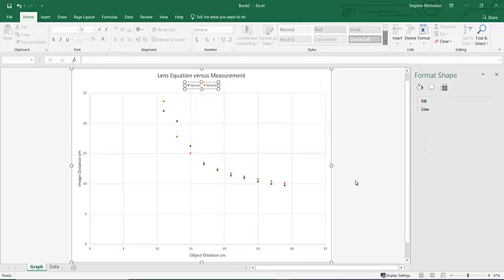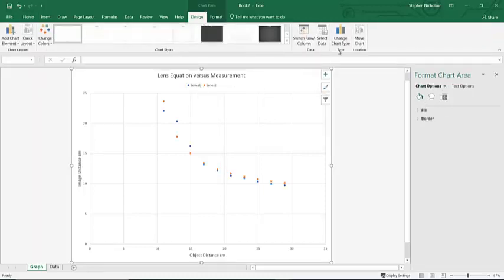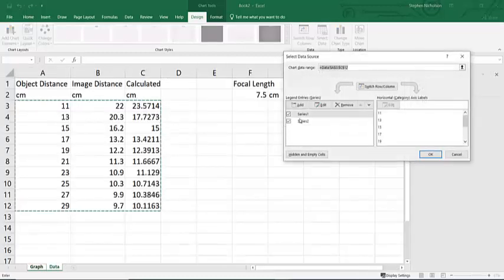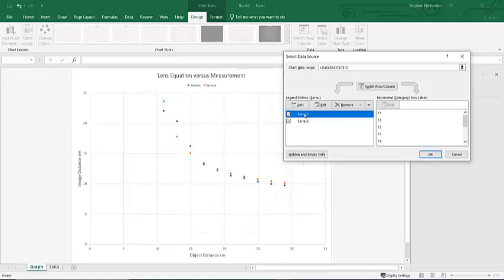One thing you'll notice is there's no names for the legend part. So to correct that, click on the graph, go to design, do select data, and series 1 would be the measured image. So I'm going to click on series 1 and click edit.